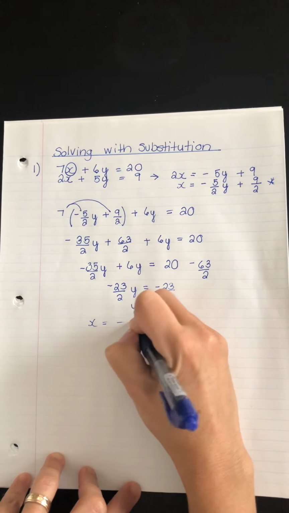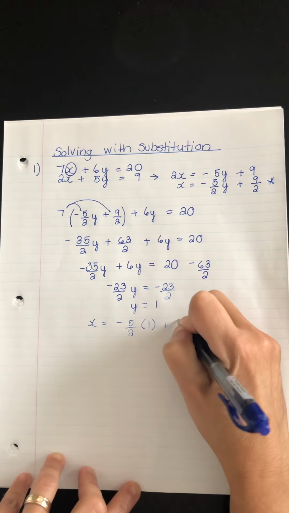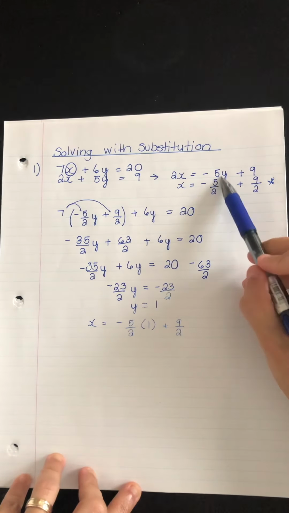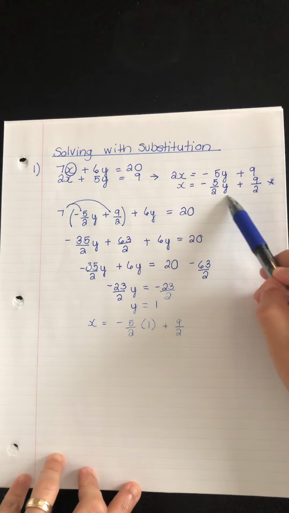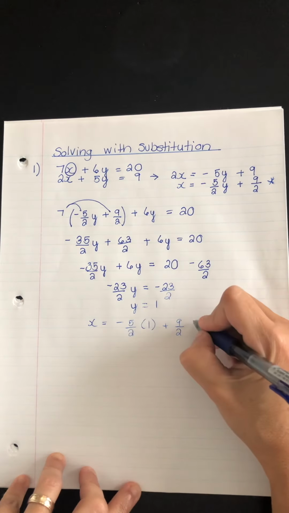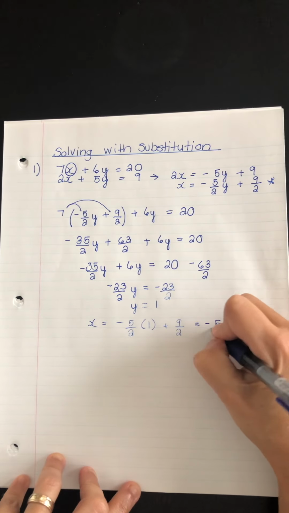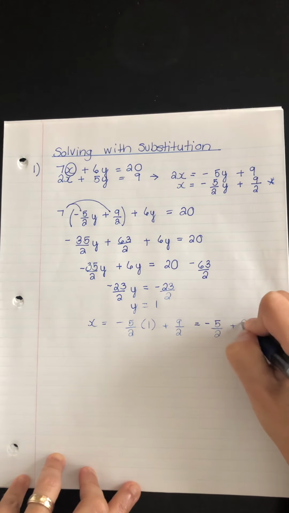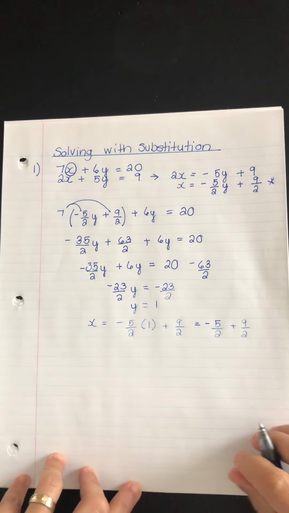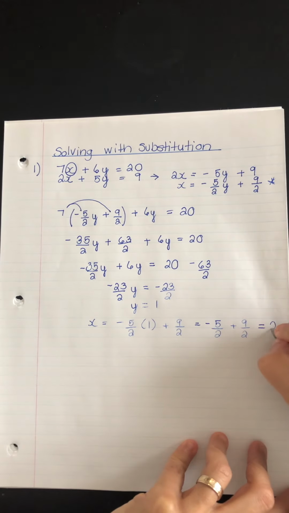So where the y is, we're substituting 1. So x is negative 5 halves times 1 plus 9 halves. So negative 5 halves times 1, of course, is negative 5 halves. So now we have negative 5 halves plus 9 halves, which is 4 halves or 2.